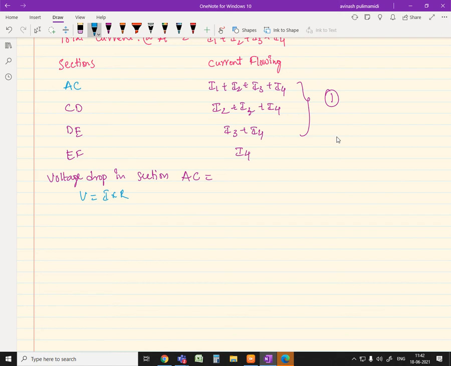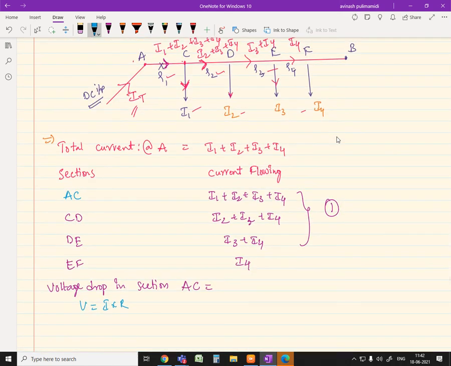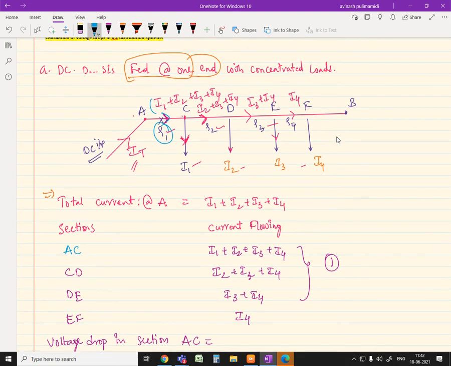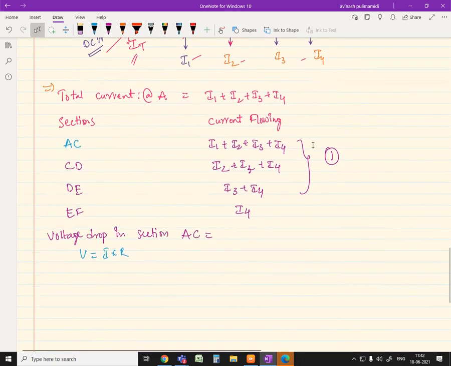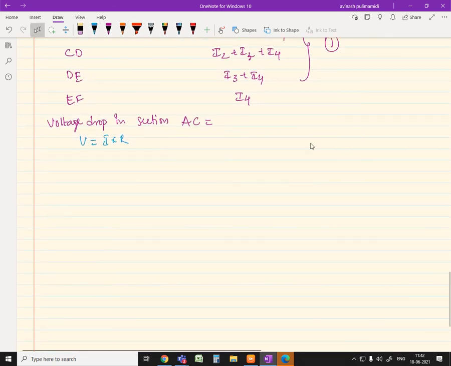In section AC, what is the resistance we have? R1. What is the current flowing we have? I1 plus I2 plus I3 plus I4, multiplied by the resistance R1.